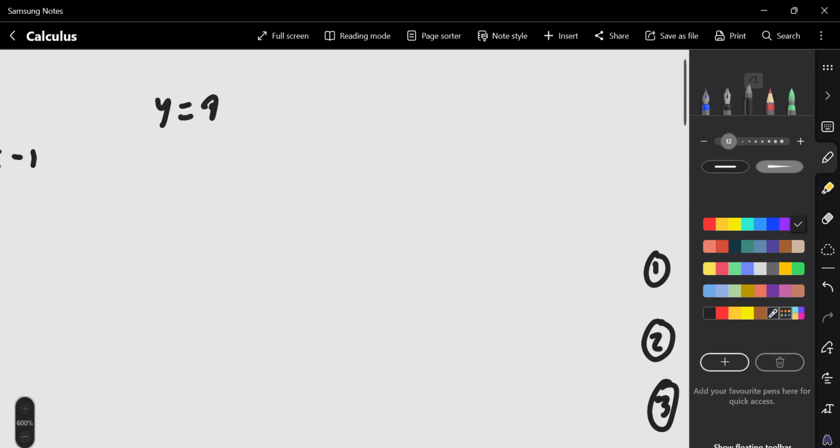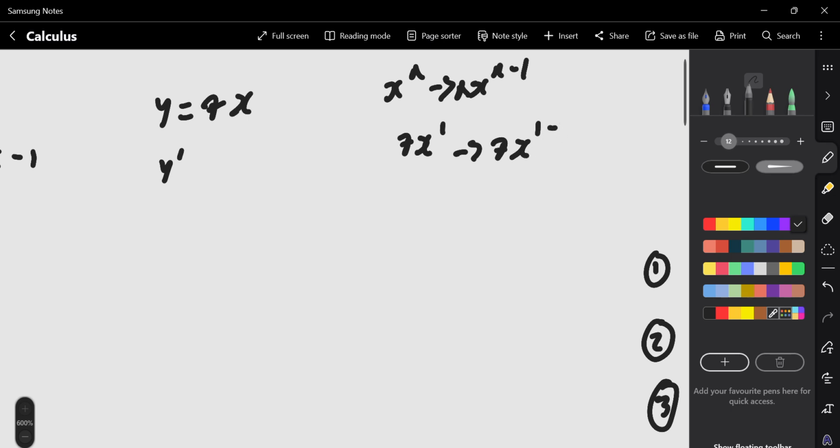So if we have the function y equals 7x and we want to find y prime of x, well, look at your powers and apply the power rule. We said it's x to the n becomes n x to the n minus 1. So if we have 7x, we're going to do 7x to the 1 times through by 1. You're going to have 7x to the 1 take away 1 to the minus 1. So 7x to the 0. And anything to the power of 0 is just going to be 1.